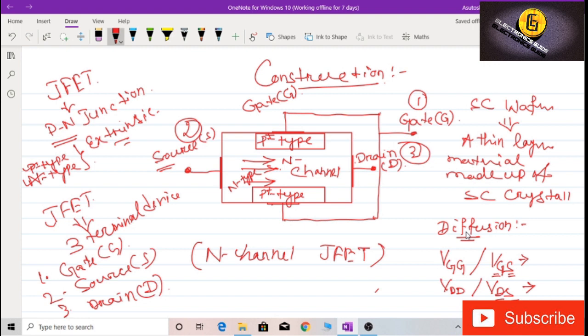So the source terminal is a common terminal for both gate and drain. This is a common practice to use the source terminal as the common terminal.